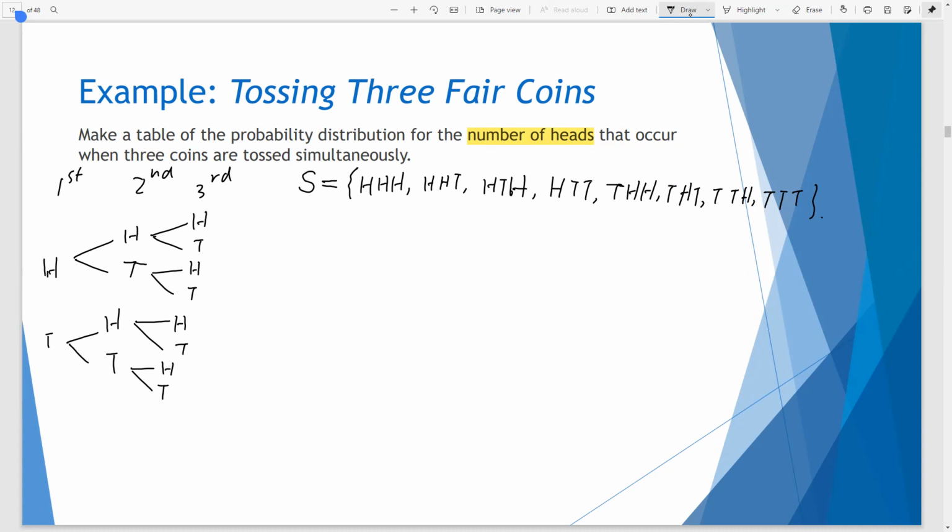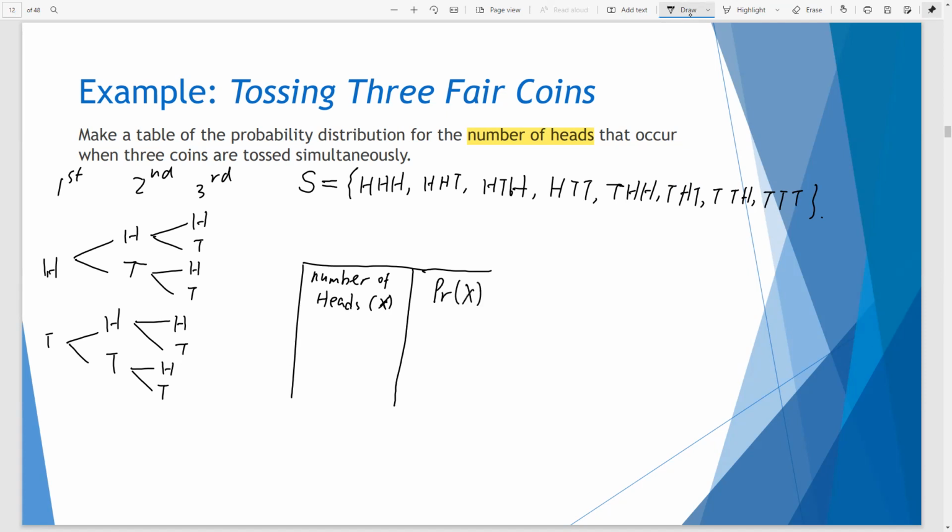So let's build a table with the number of heads, which we can represent with the letter X, and its probability.